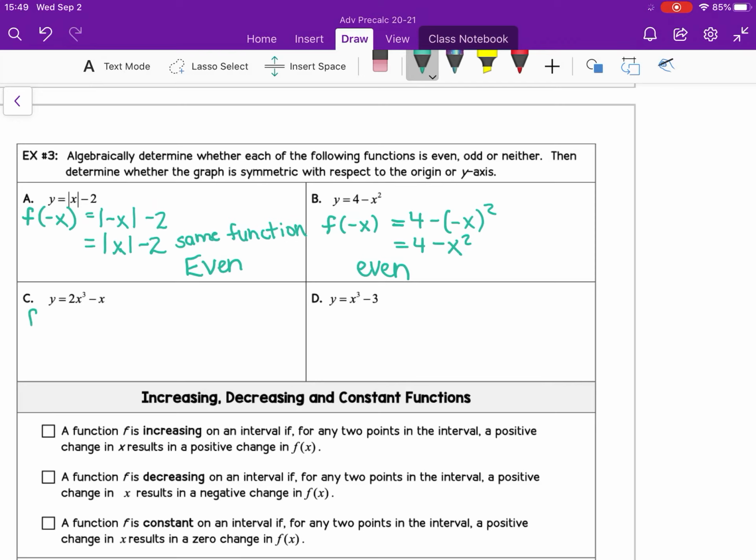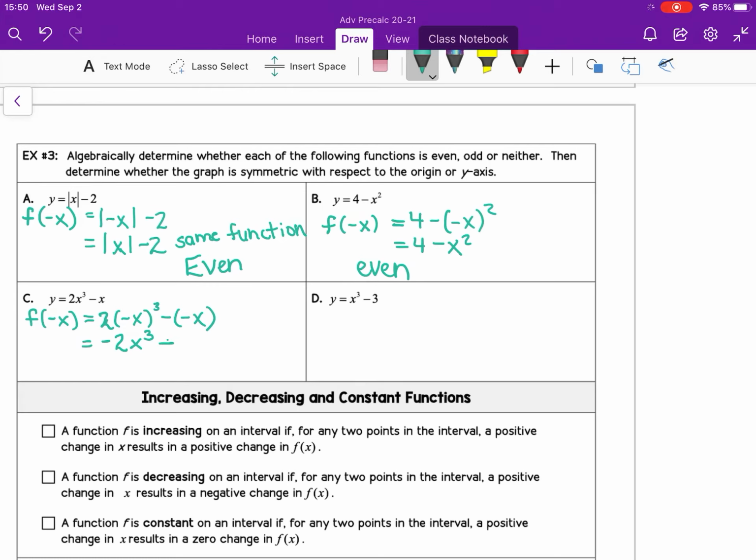What happens when I test f of negative x here? Notice there are 2 spots where there's an x, so both of those spots get replaced with negative x. Negative x times negative x times negative x: the negative times negative makes it positive, times negative again makes it negative, so I really get negative 2x cubed when I simplify.